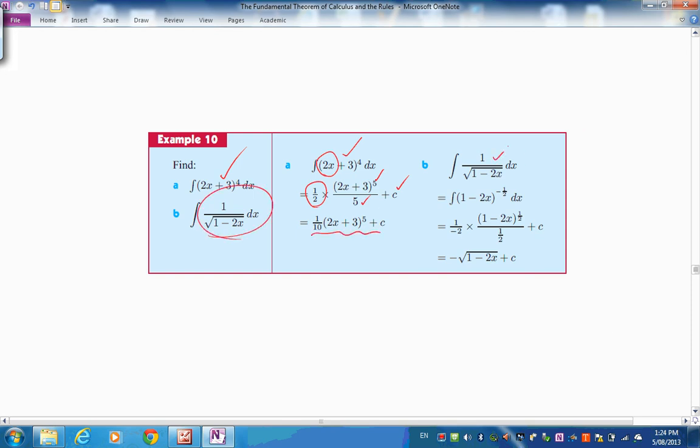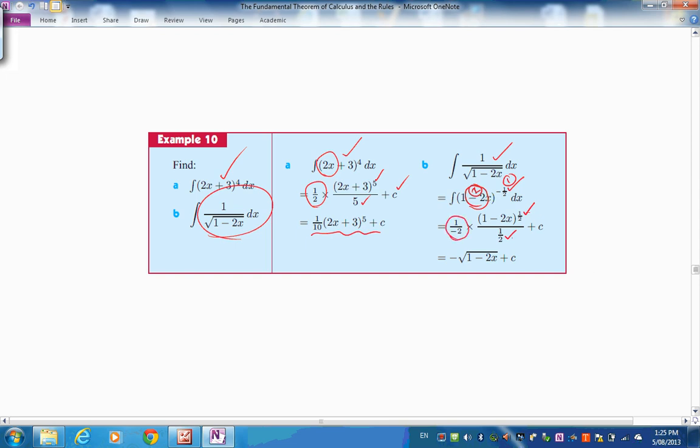This one here, we change it to a power first of all. Now, we'll increase the power by 1, divide by the new power, and divide by the derivative of the second function. Just keep in mind, it's a chain rule. There's function 1, and in there is function 2, if you like. Think about it like that. Dividing by -2 or multiplying by -1/2.